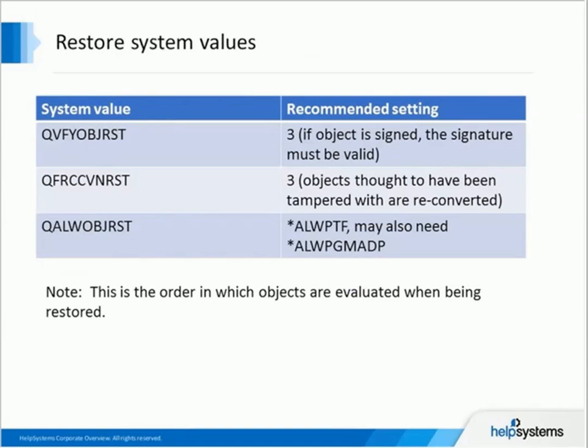Okay, then there are some system values that only take effect when an object is being restored. There are 3 of them, and they're checked in this order when an object is being restored.